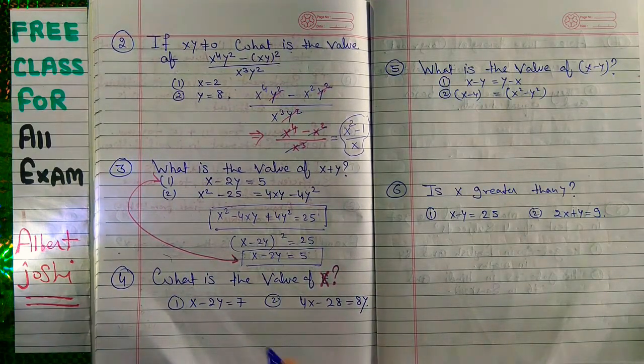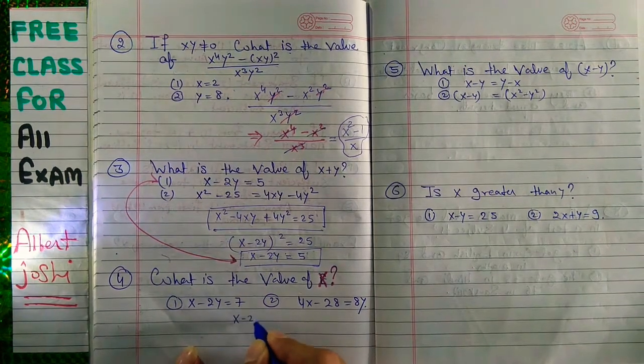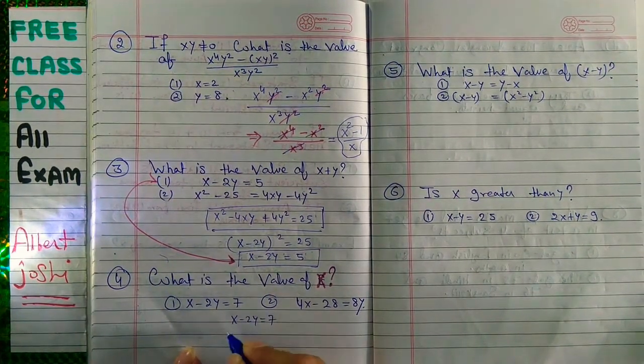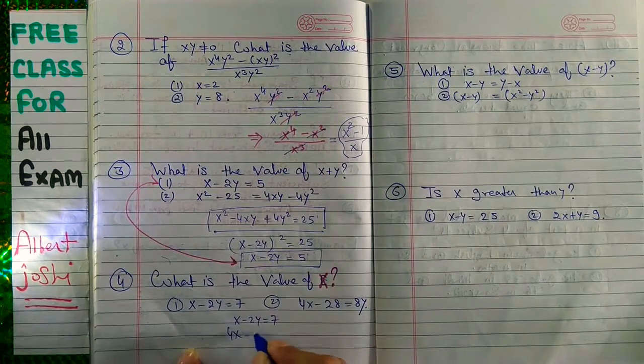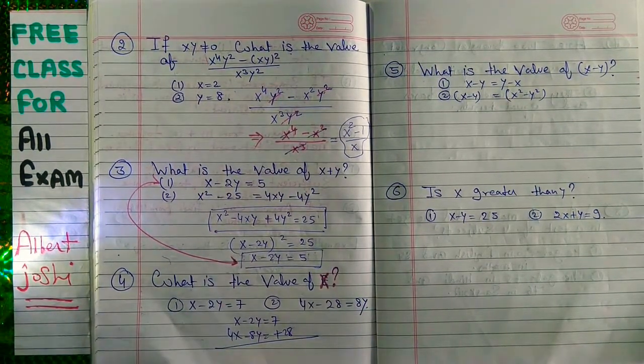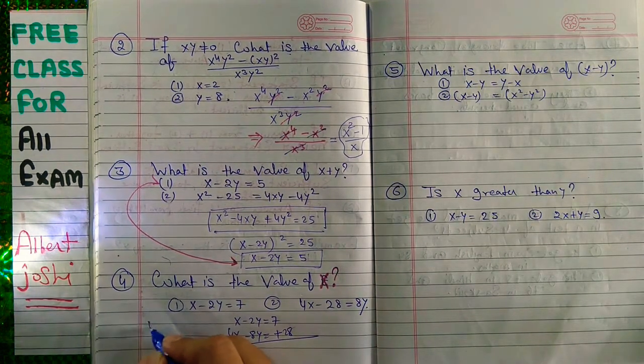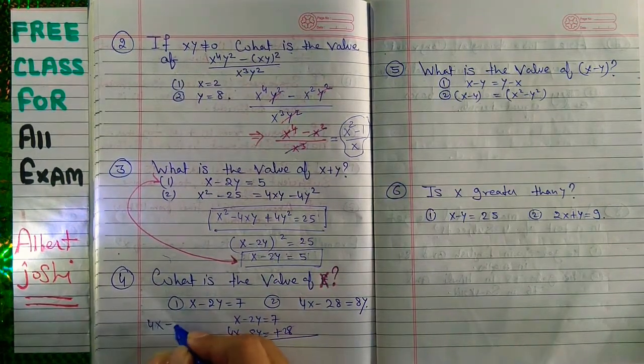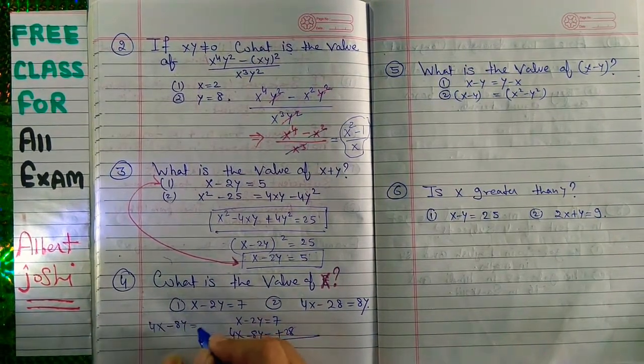So if you solve, x minus 2y is equal to 7 and 4x minus 8y is equal to 28. Now you can find the value of x. You have to multiply by 4. So this is 4x, minus 8y, and 7 times 4 is 28.